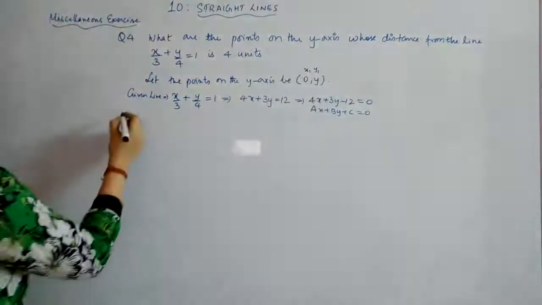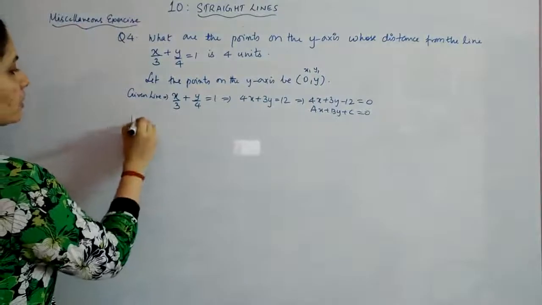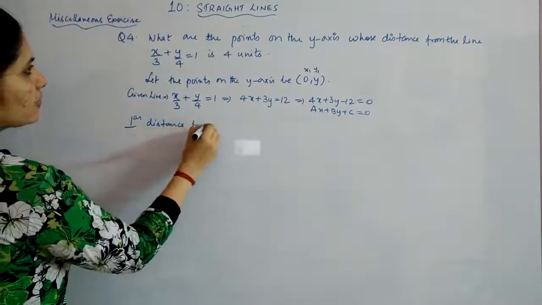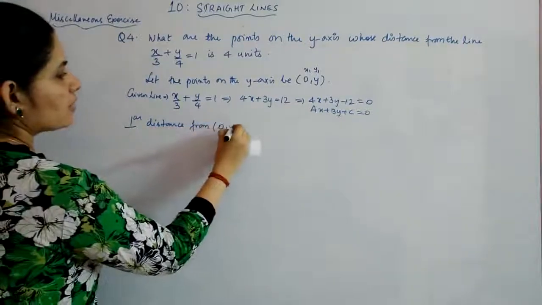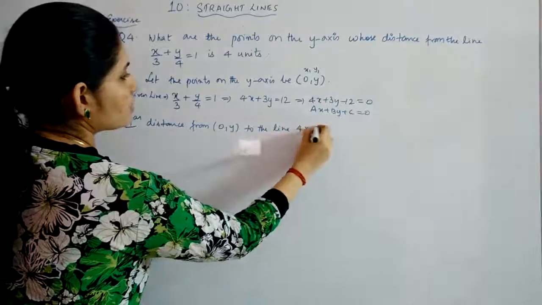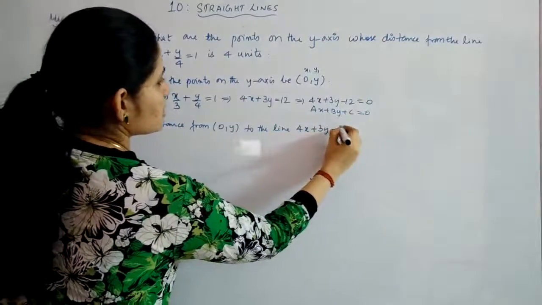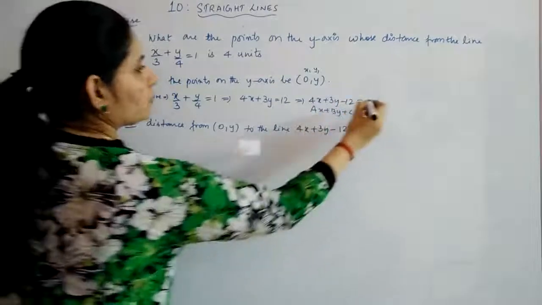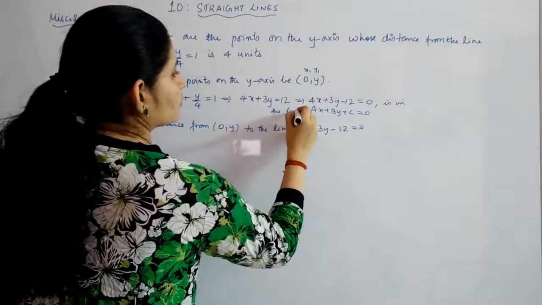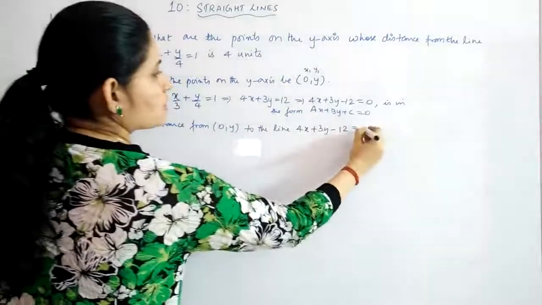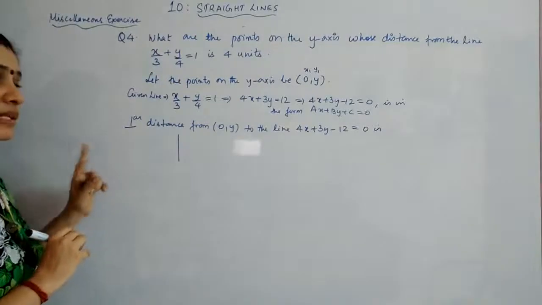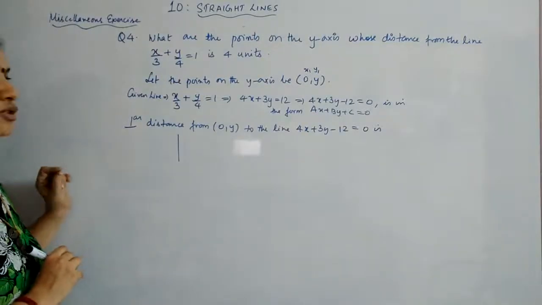So what is the distance formula now? The perpendicular distance from the point 0, y to the line 4x plus 3y minus 12 equal to 0 is mod of ax1 plus by1 plus c divided by root of a square plus b square.